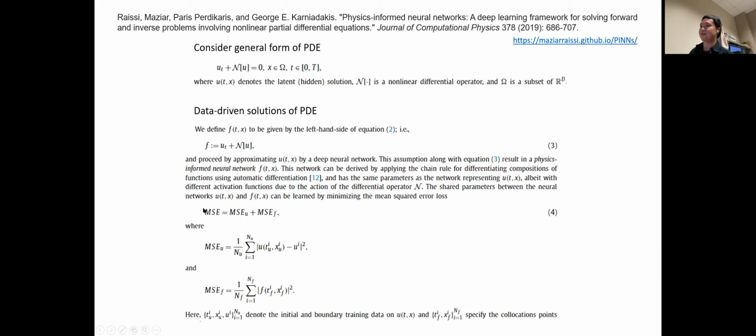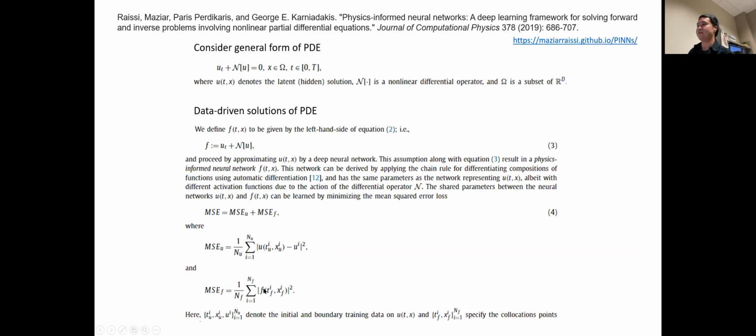Suppose we have a bunch of data, but not a lot. So we still have our MSE loss, the mean square error, the L2 distance. Another term is the MSE with respect to this governing equation, the physics-informed PDE.